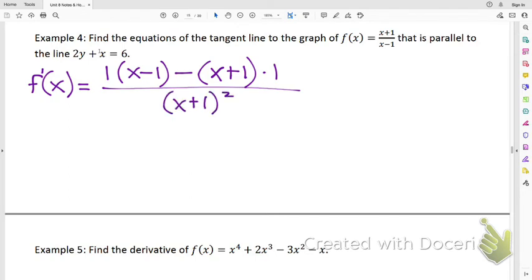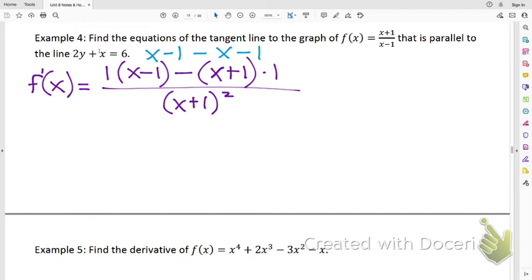All right, now this one I would like to clean up part of this. What part can I clean up a little bit? I can't cancel right now because of the minus sign, but let's clean up the top. We all okay with cleaning up the top? That's going to be x minus 1 minus x minus 1, right?